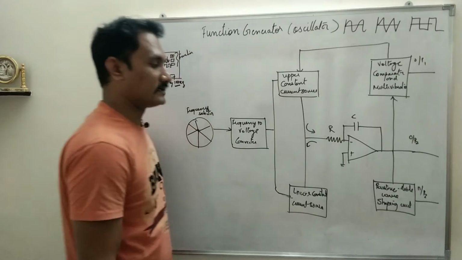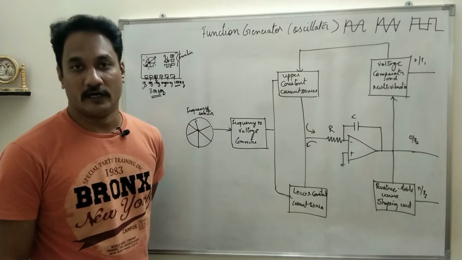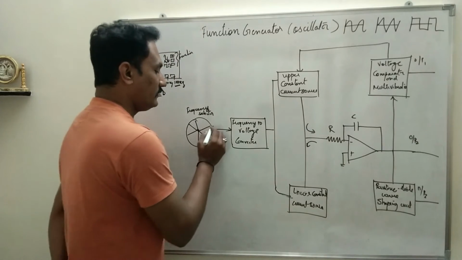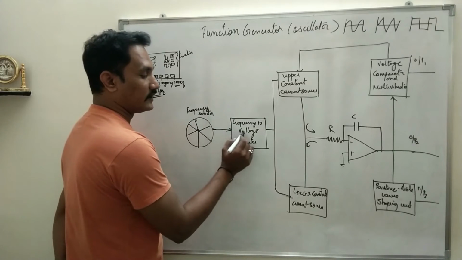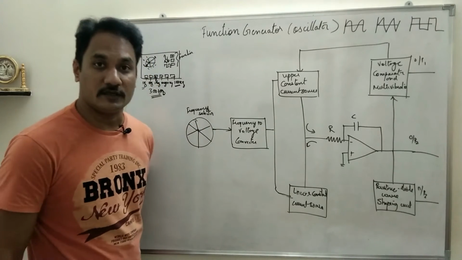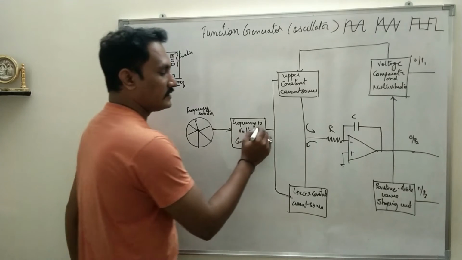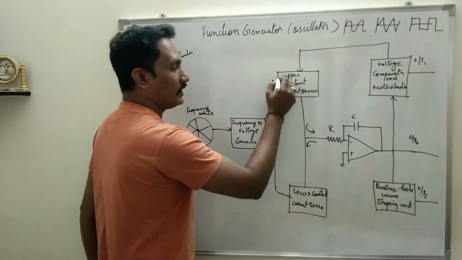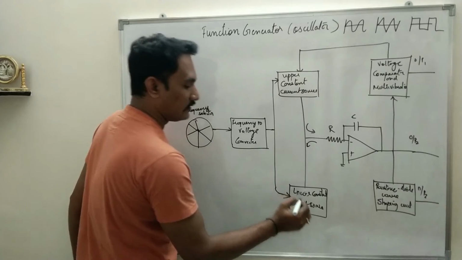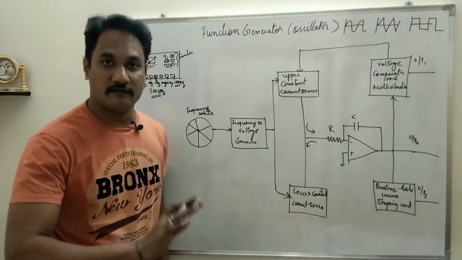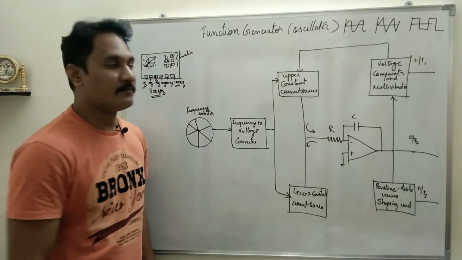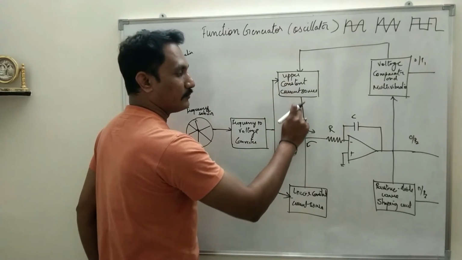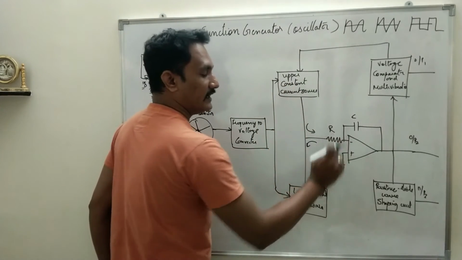Let us now try to understand how exactly it works. Whenever you select a frequency from the frequency selector, that particular frequency will be converted into its equivalent voltage. This equivalent voltage is given to the upper constant current source and lower constant current source. By default, when you start a function generator, the upper constant current source will provide current to the integrator circuit.